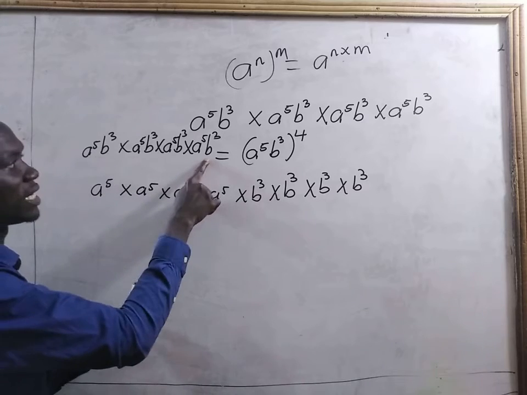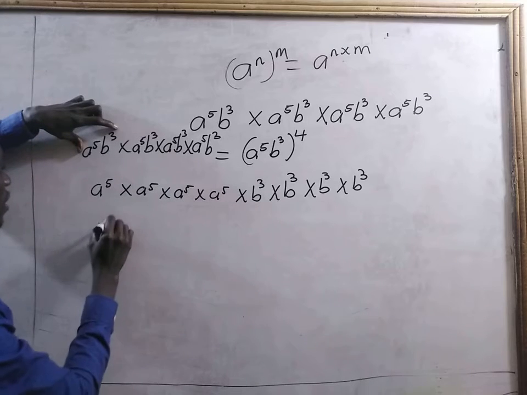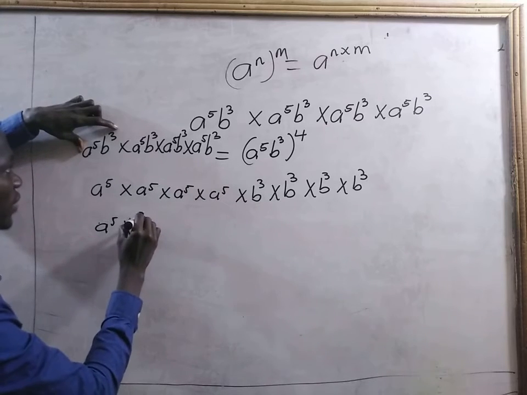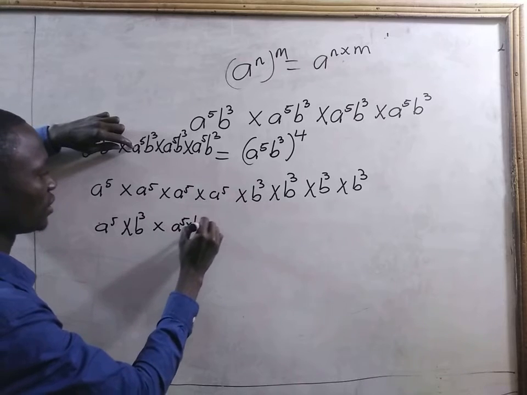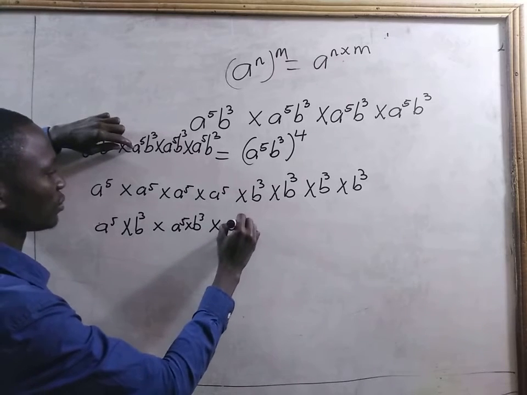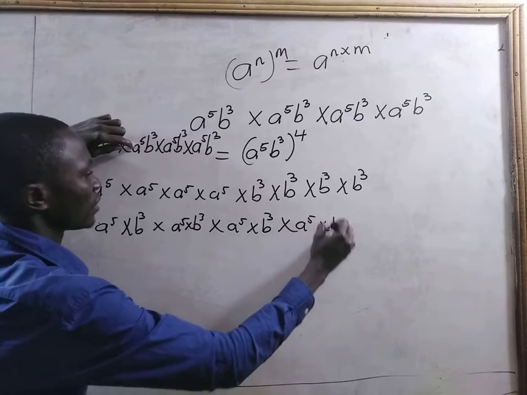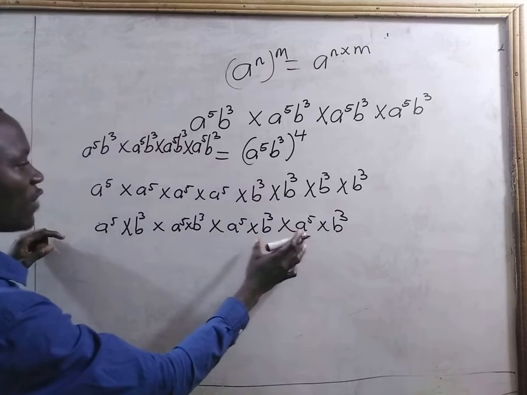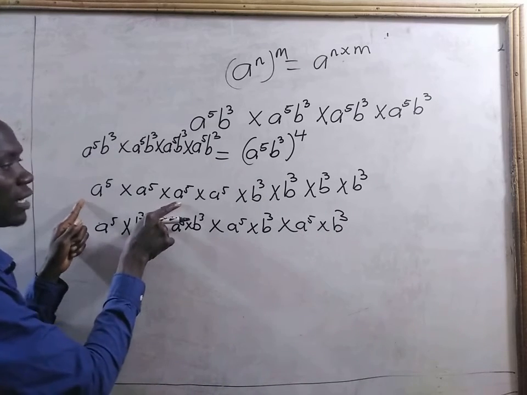Since we have multiplication here, look at this. This one is a exponent 5 times b exponent 3 times a exponent 5 times b exponent 3 times a exponent 5 times b exponent 3 times a exponent 5 times b exponent 3. So I've grouped all the a exponent 5 together.